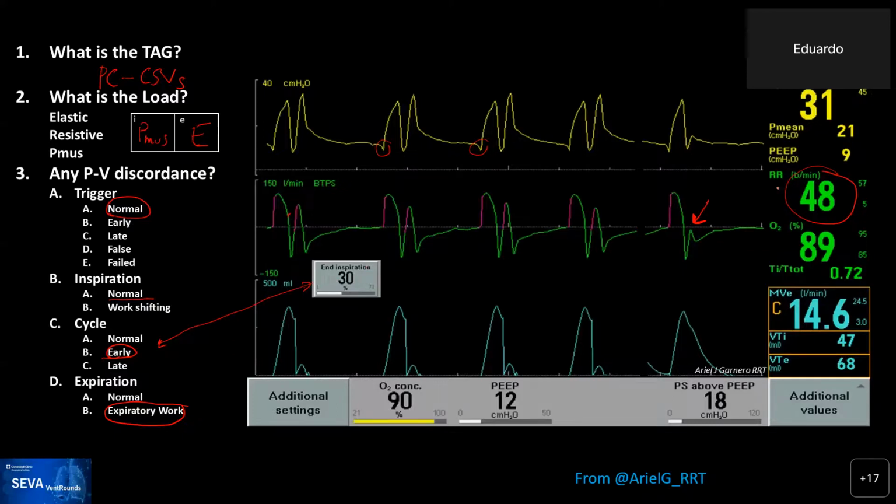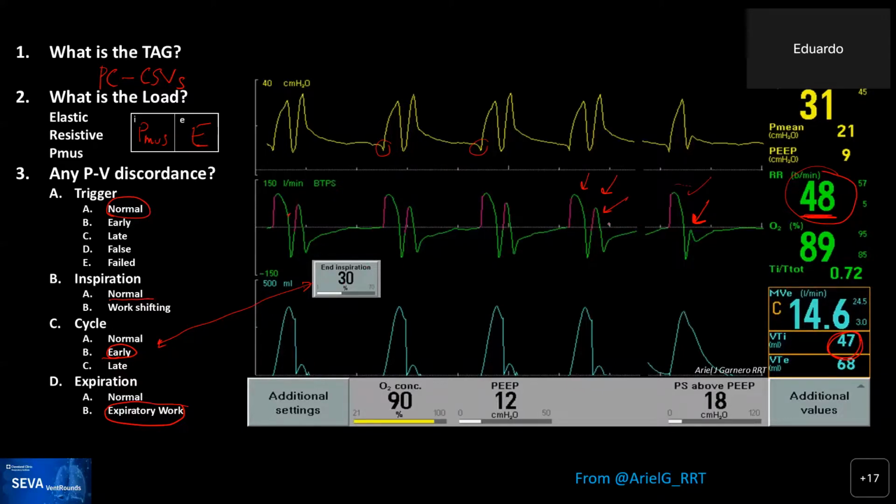But sorry for deviating, you can see the rate is 48, and that's completely false. This is because it's counting these two breaths as two different breaths when it's actually one. The second error that you see here is this tidal volume that you see at 47, which is counting this breath over here, not this breath over here.